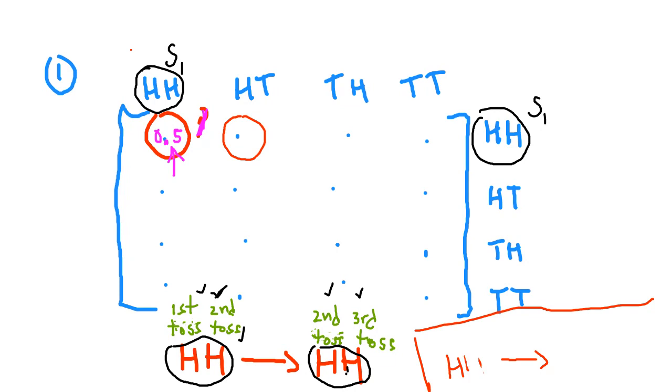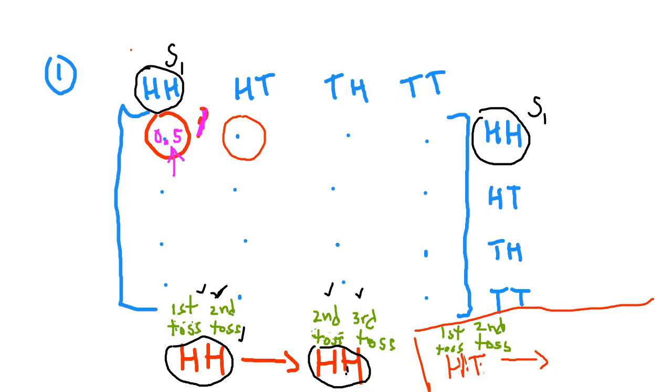You're going from a head tail. So the first toss is a head, and the second toss is a tail.